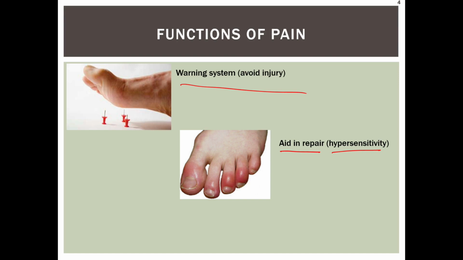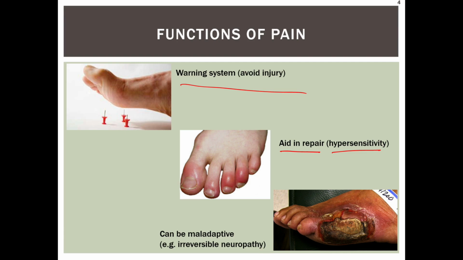repair itself. And sometimes, though, there can be pain that is neither a warning system or aiding in repair, and the inflammation associated with that pain can actually become maladaptive, and that is that it actually may lead to more damage.